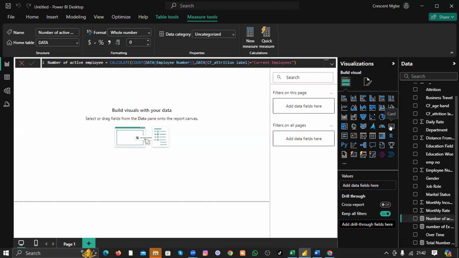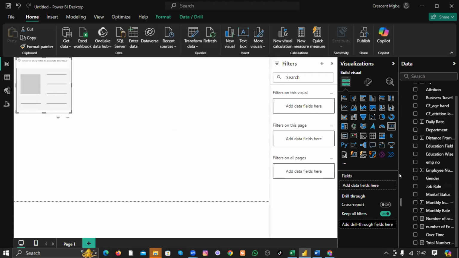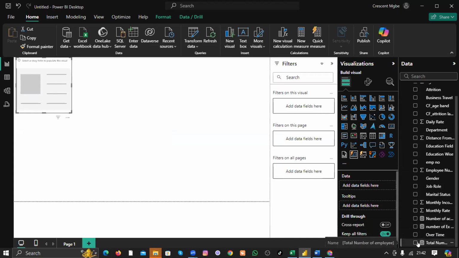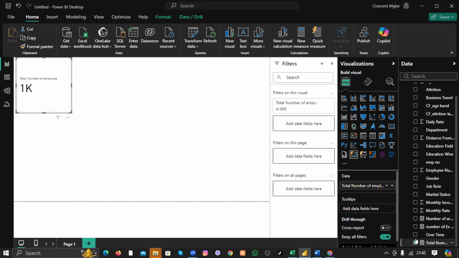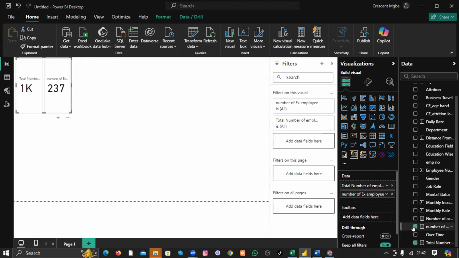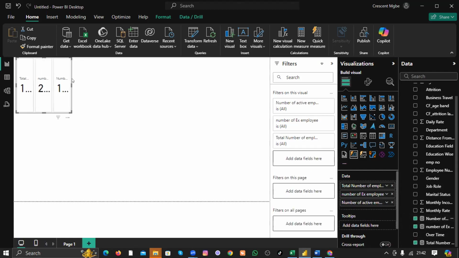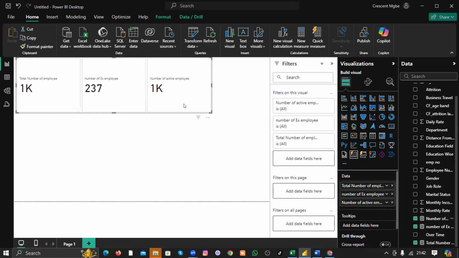So if you bring up your card, you can see your total number of employee, your total number of ex-employee, and your total number of current employee.